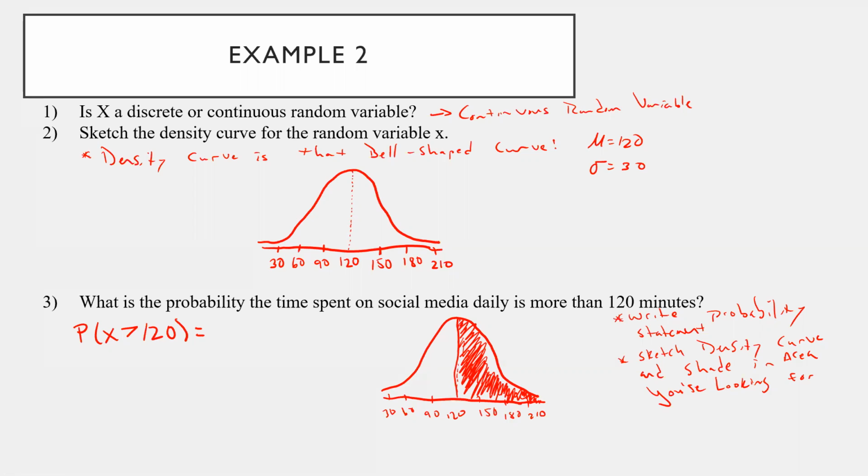Tora's got it. It's half. So that means this area is the probability, and it's 1/2 or 0.50. Okay. Does this one make sense?